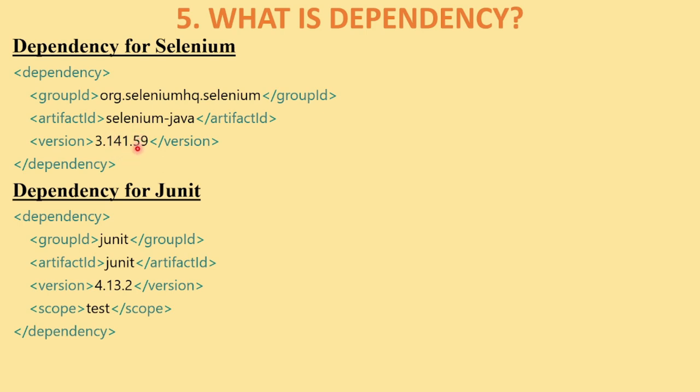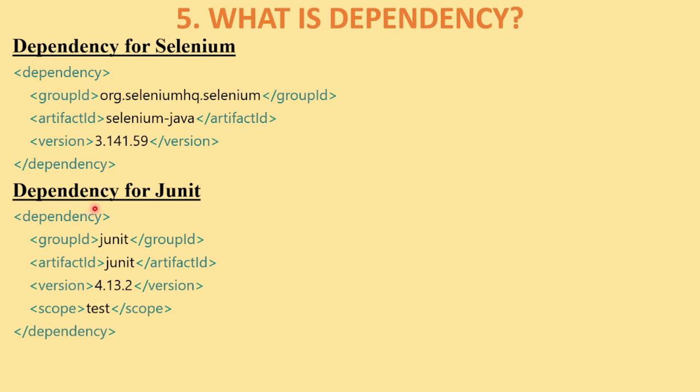It will directly take the data from the internet. The jar file it will connect to from the internet. You don't have to actually add the jar file inside your project. The name of the jar file is Selenium Java. Artifact ID is nothing but the name of the file. So the name of the file or name of the project is selenium-java. And group ID is the entire package or website name from where you got Selenium. So org.seleniumhq.selenium. So this is the dependency for Selenium.